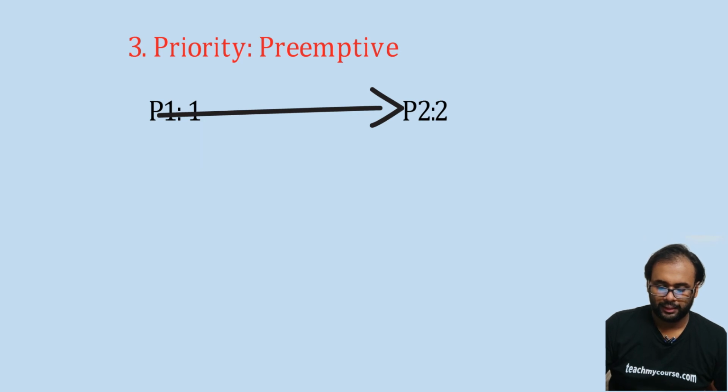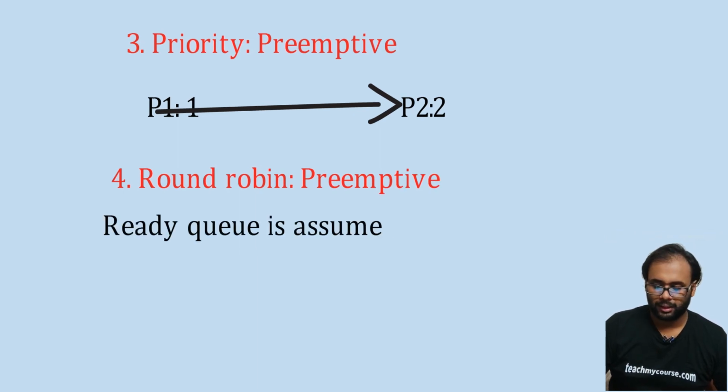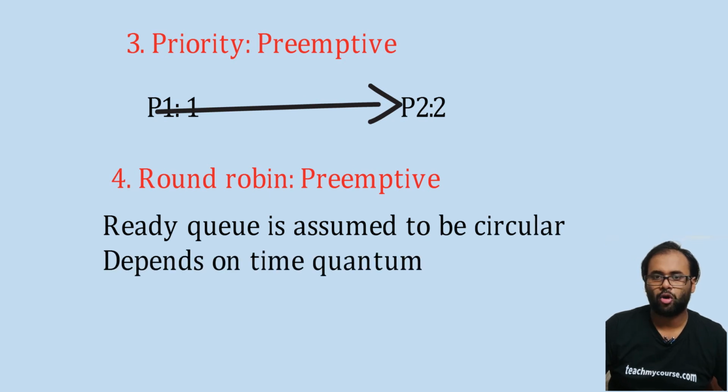Then comes the round robin algorithm, which is also a preemptive algorithm. The ready queue is assumed to be circular and it depends on the time quantum. A certain time quantum is assigned for execution.